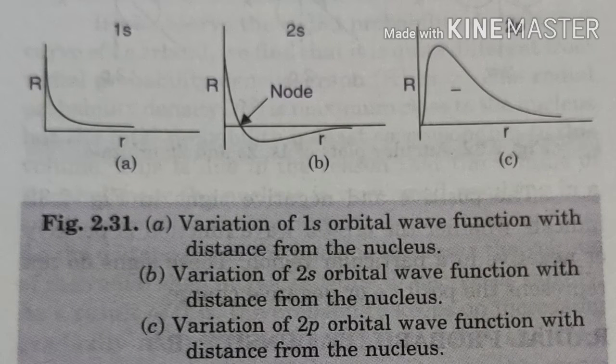You can see there is one node. Node means where the electron density is minimum, because we cannot say the electron density is zero, as that is a probability. So we can say the minimum is there. Then the third is for the p orbital, the variation of the 2p orbital wave function with the distance from the nucleus.